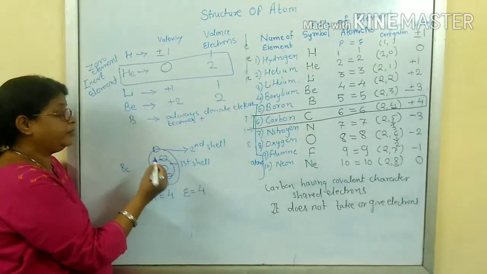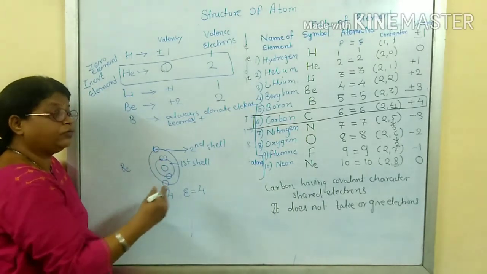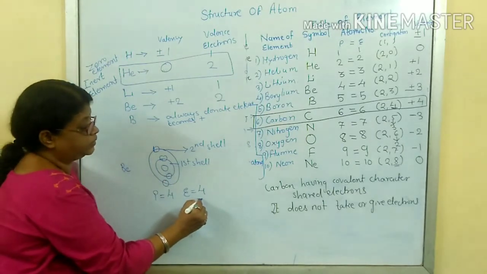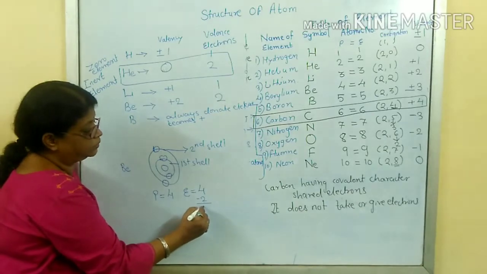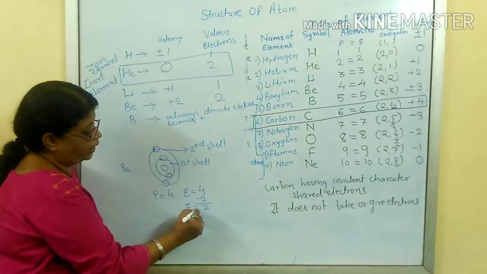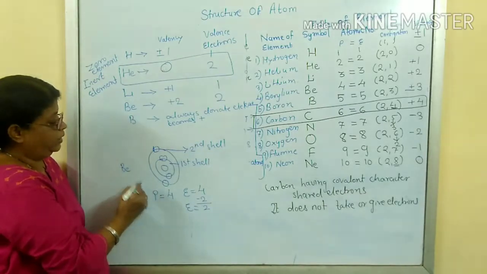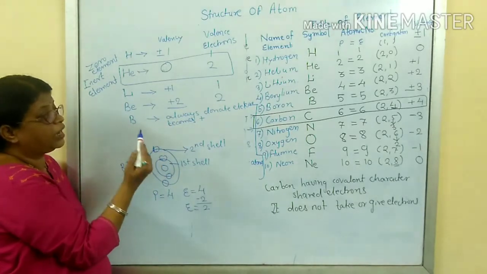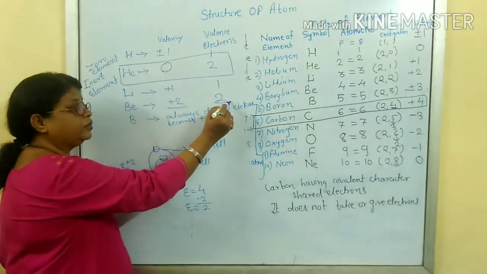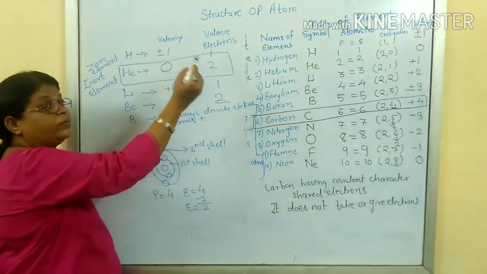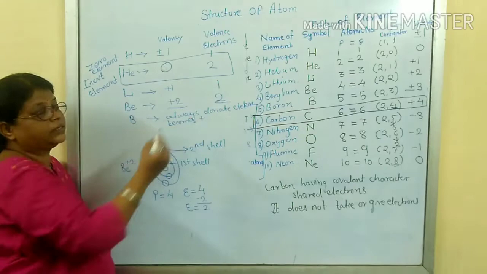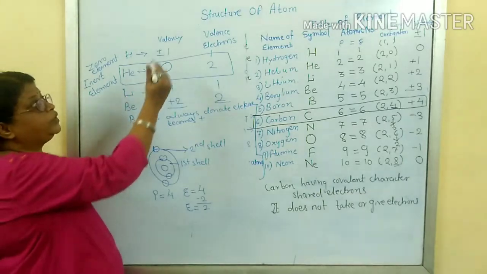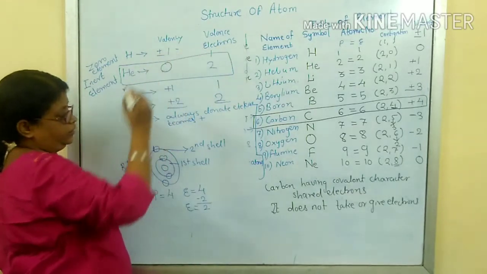But at the time of fulfilling, what do they do? They donate 2 electrons. Then electrons are 2 and protons are 4. So they become plus 2. And in their outermost shell, how many electrons? They have 2 electrons, so 2 valence electrons are present in the outermost shell. So this is the difference between valency and valence electron.